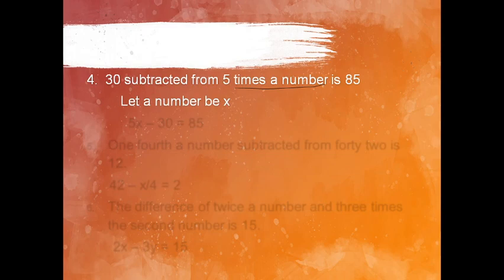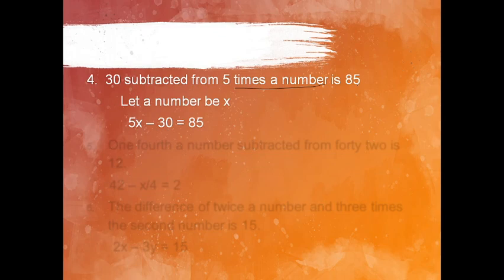So 5 times a number means 5x minus 30, because 30 we have to subtract from 5 times a number. That's why we write 5x first. Then 5x minus 30 is 85. The equation will become 5x minus 30 equals 85.